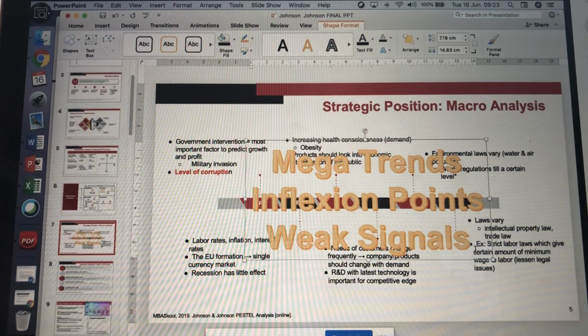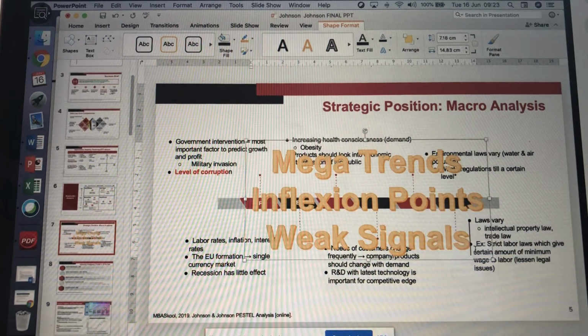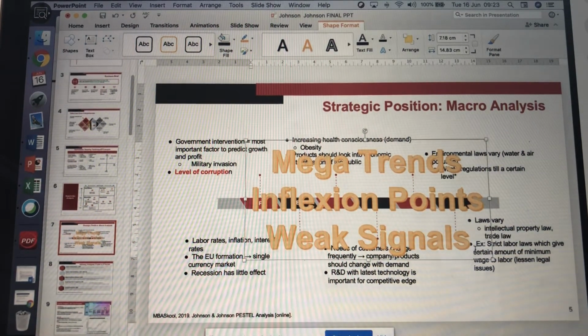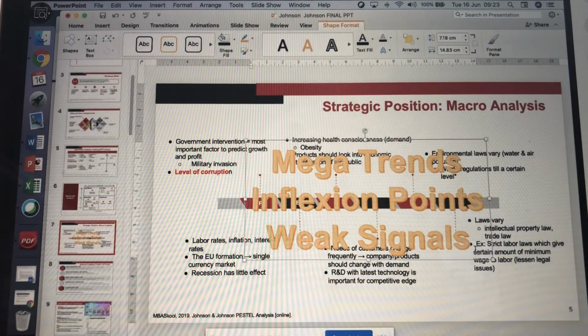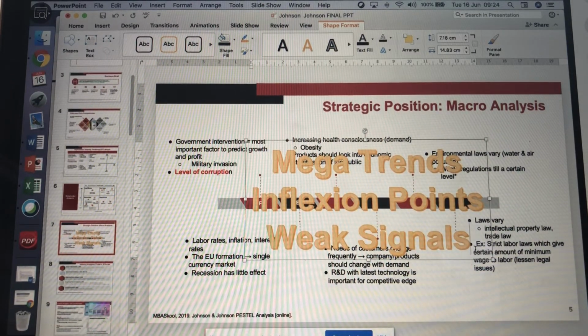At the moment, you have lots of trends, right? You have the trend of an increased likelihood of pandemic. You have trends of an economic recession. You have trends of economic isolation from the United States. You have Brexit. You have trends of social upheaval through demonstration.